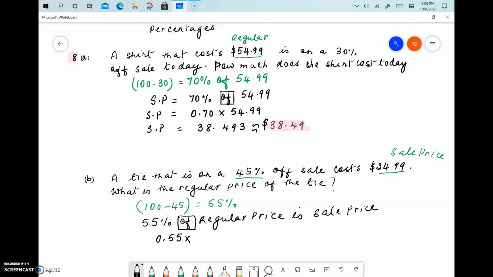Now here in this question, we do not know what the regular price is. It's a little different from the previous one. So let's call it X is equal to the sale price, which is given, which is equal to $24.99. We need to get X by itself.